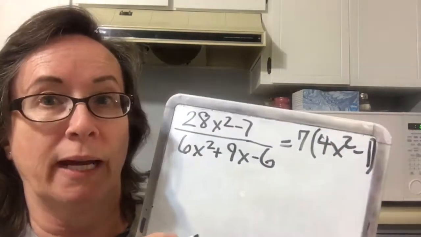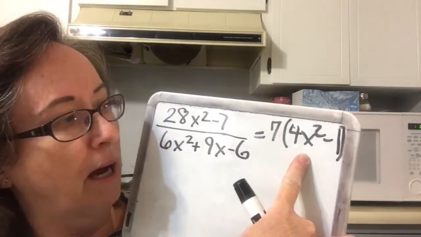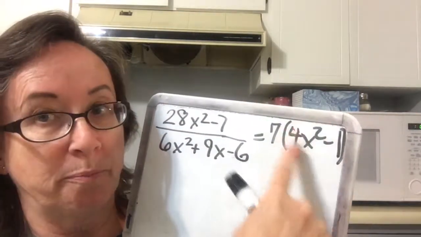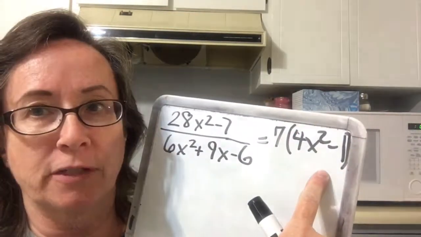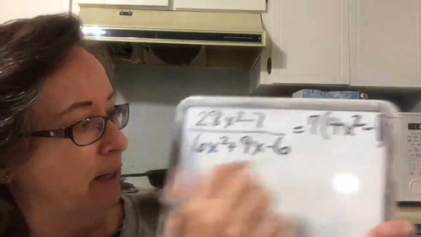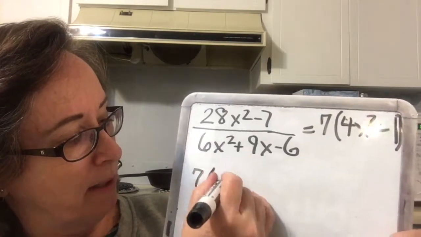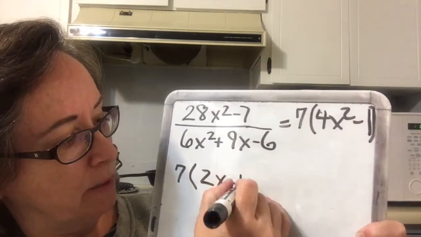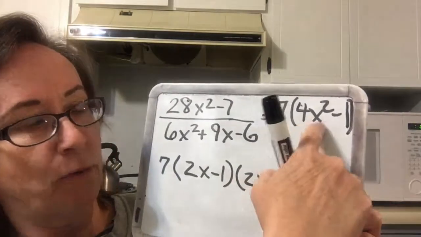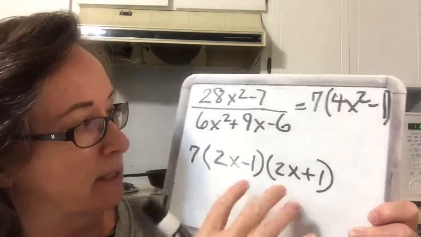But that numerator still has a factorable term here. I can factor this little binomial. It's a difference of 2 squares. So I will factor it into conjugates. So coming down here, this numerator will become 7 times 2x minus 1, 2x plus 1. My 4x squared minus 1, difference of 2 squares, factors into conjugates.